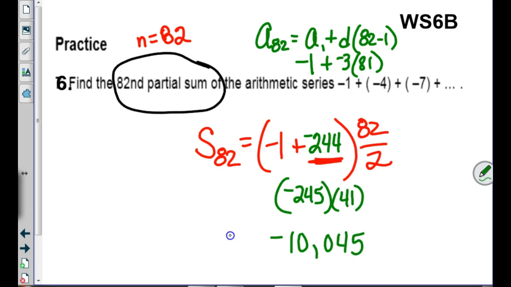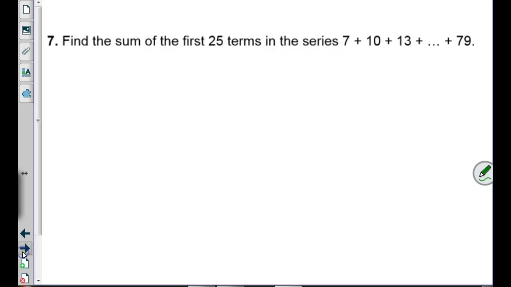Oh, I got it. These aren't super hard, but when you look at the formula, if you're not practicing, there's a whole bunch of letters and numbers in there, right? It's kind of crazy. You've got to practice a little.